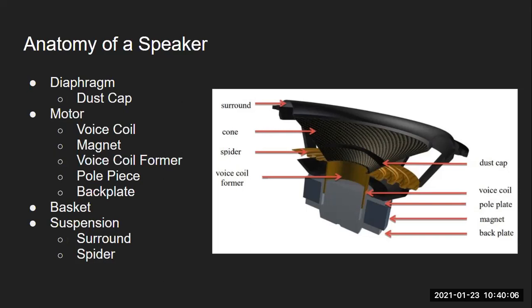Within the motor, we've got our basic ring magnet and the pole piece, which is conducting the flux across the gap that the voice coil's in to create a magnetic flux field that is perpendicular to the flow of current. And then the basket holds the whole thing together, mainly for positioning. The idea is it should be a perfectly rigid chassis, which it never quite is, but generally it does a good job. So we can go to the next slide.